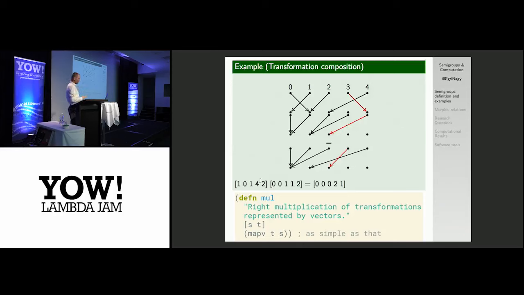So I have these 2 inputs, 2 transformations, S and T, and I can just map the second one, because it behaves as a function, over the first one. And it's mapv because I need to get a vector. It's as simple as that. It was just a happy coincidence when your operation in your domain is so easy to express in a particular language.